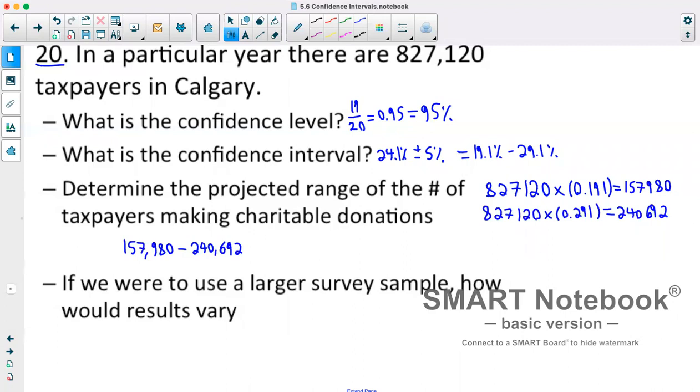So it can either reduce the margin of error, which will reduce the confidence interval.